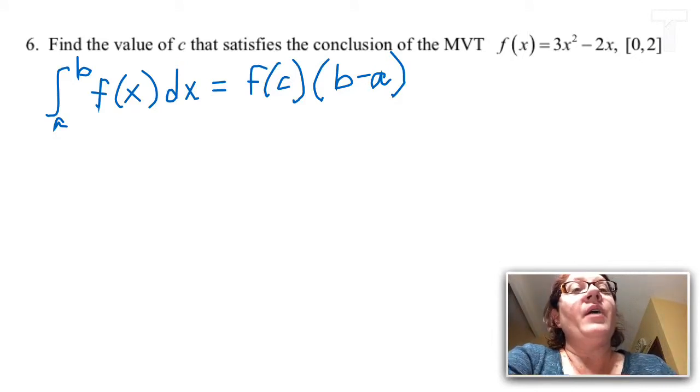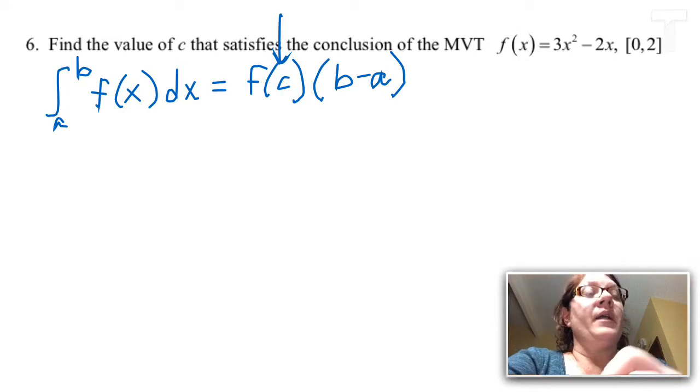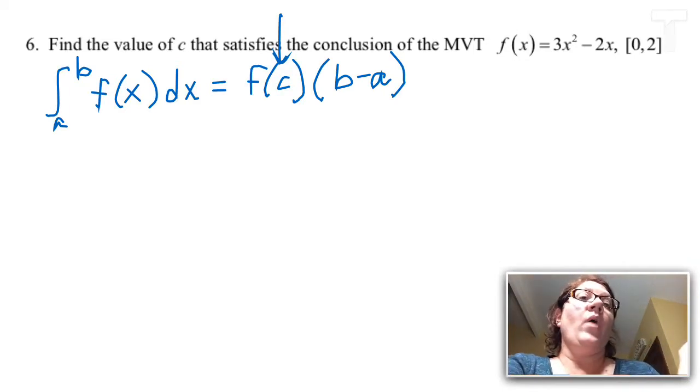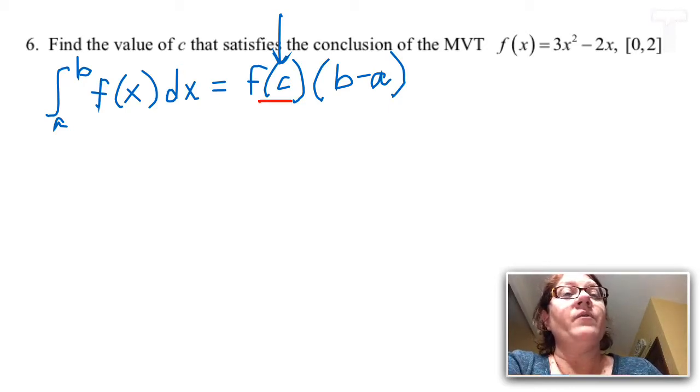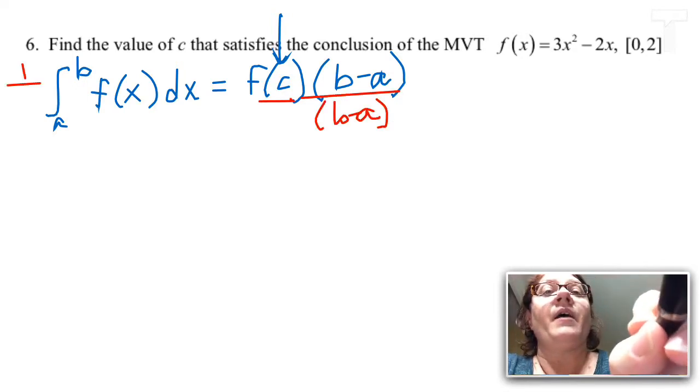So I'm actually trying to find the x. Before I can get to the x, I'm going to need the y value. So I would like to get this f of c by itself. And of course I can do that by dividing by b minus a. This is my average value theorem.